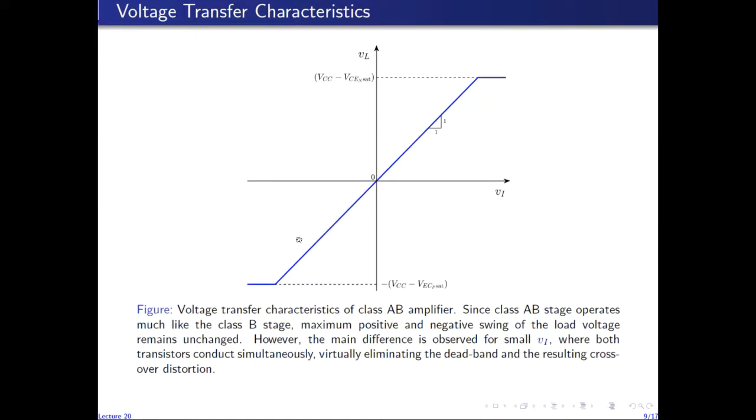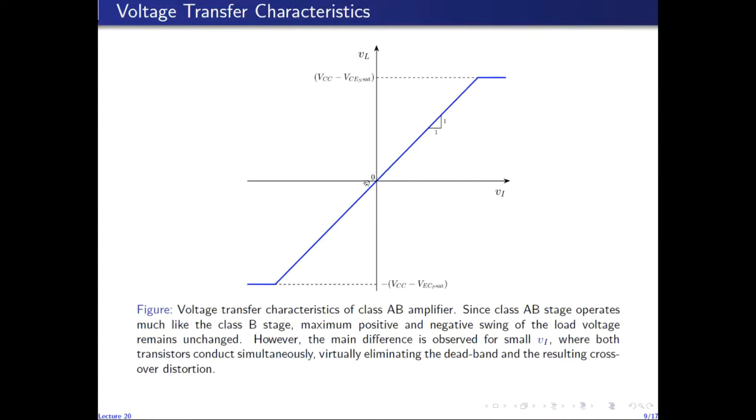And for large signals, this curve between VL and VI has a slope of unity, which can be verified from equation 1 that I showed earlier.